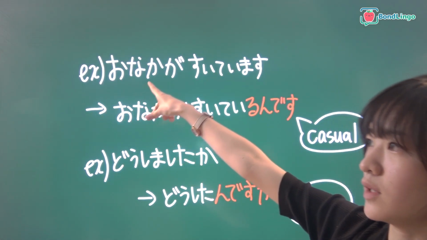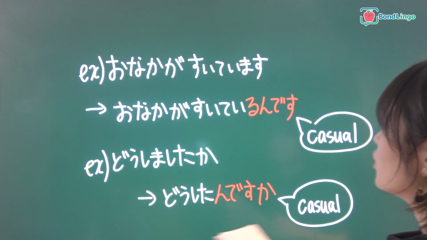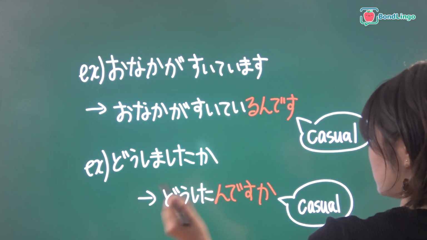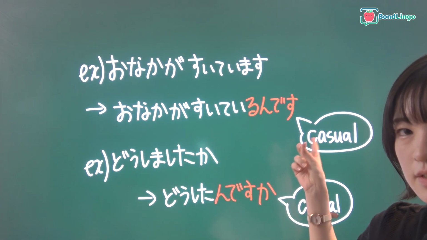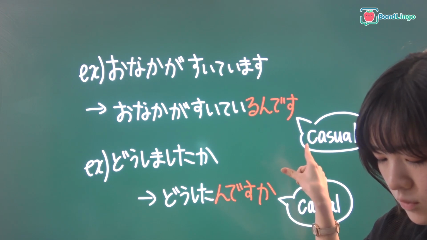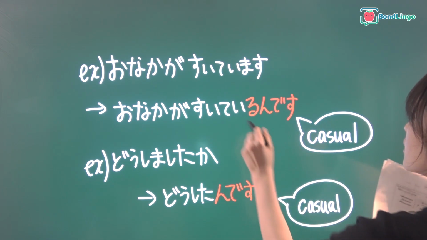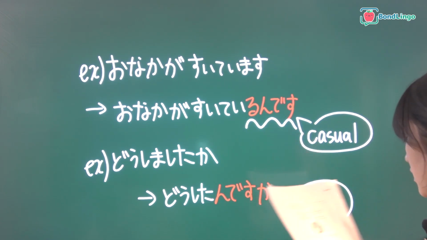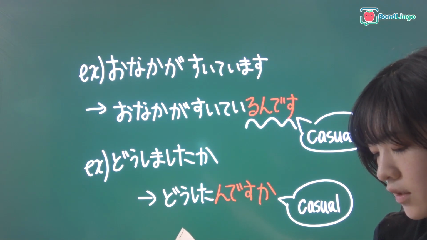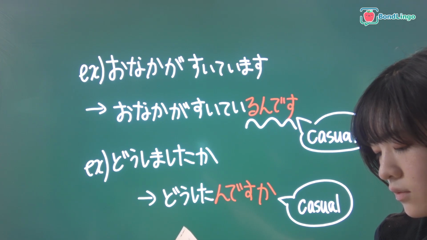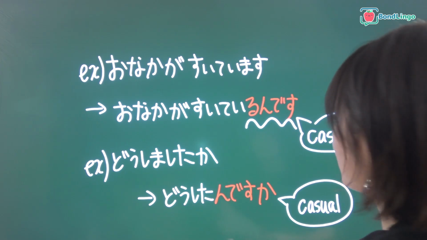We say this when we want to say I am hungry. Change it to お腹が空いているんです. This is a more casual way to say it, and we use this when we want to say our feelings are more serious.